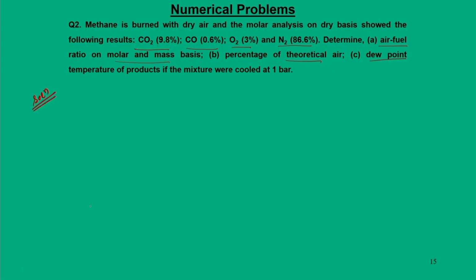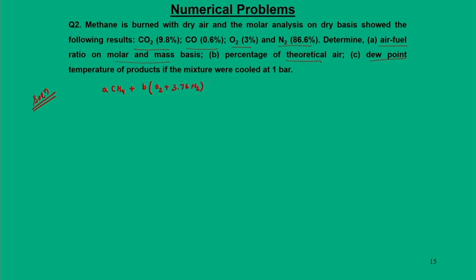So, for this case also we say it is methane, A times CH4, plus oxygen, B times O2 plus 3.76 N2.